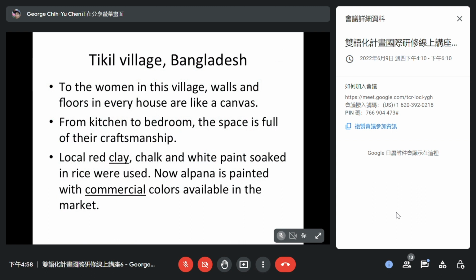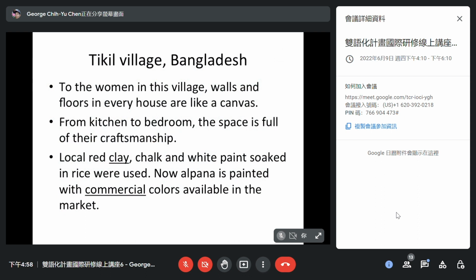Craftsmanship means 它的匠艺, 工匠艺, is full of their skills and talent too. What do they use? They use a local red clay. Clay really means 土, so 他们有当地的红土, chalk, and the white paint soaked in rice.